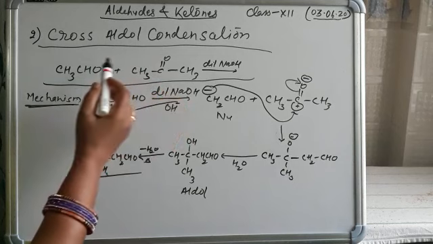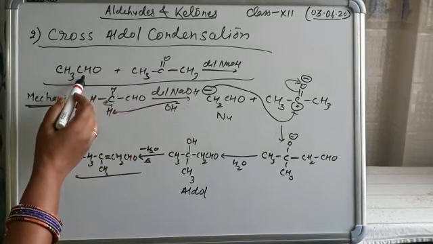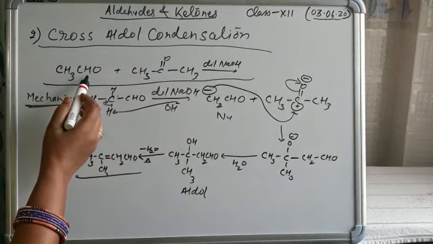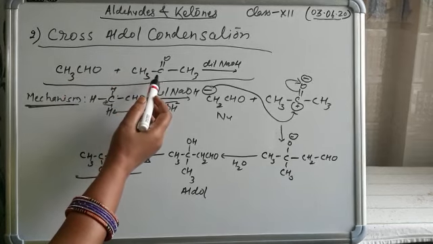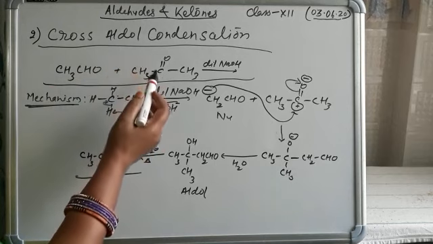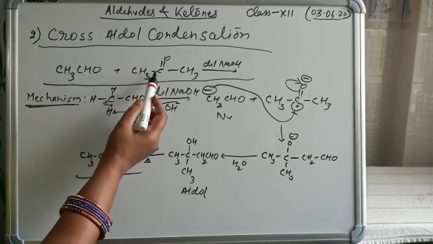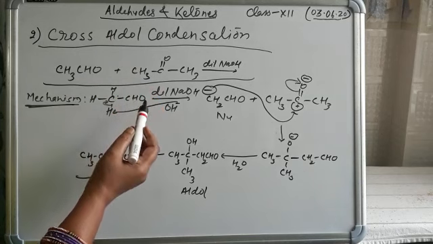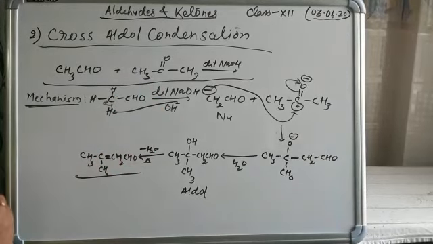When this becomes nucleophile and this becomes electrophile, another compound forms. And just reverse, when this becomes nucleophile and this becomes electrophile, another compound forms. So in cross aldol condensation, if we take two different carbonyl compounds and both have alpha hydrogen, there will be a mixture of products, not only one product.